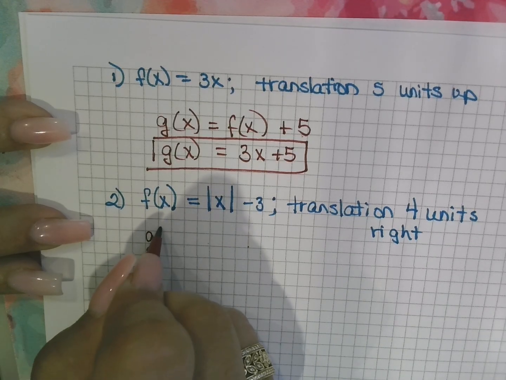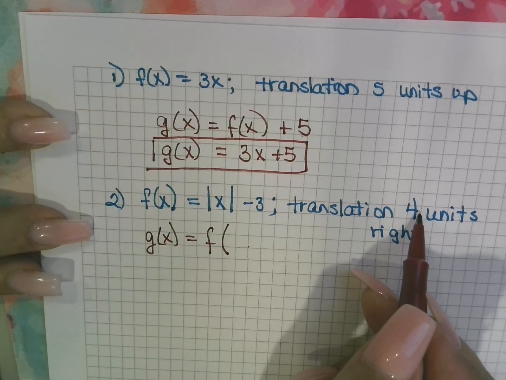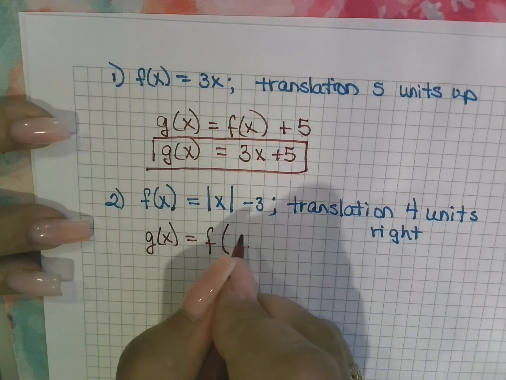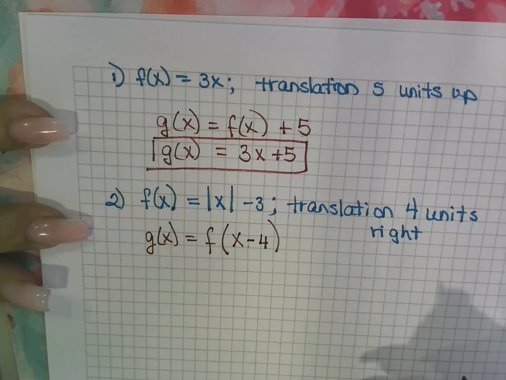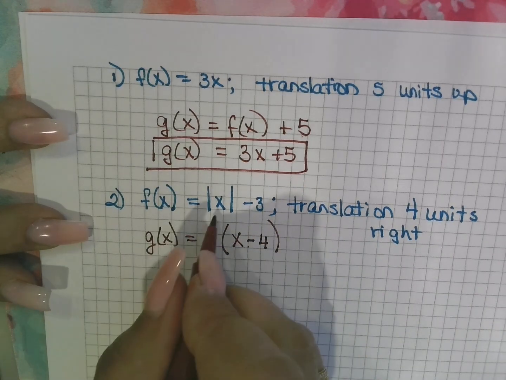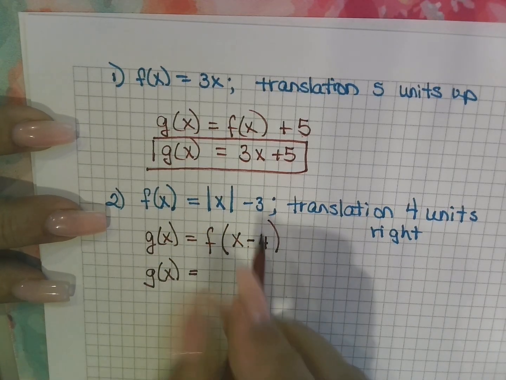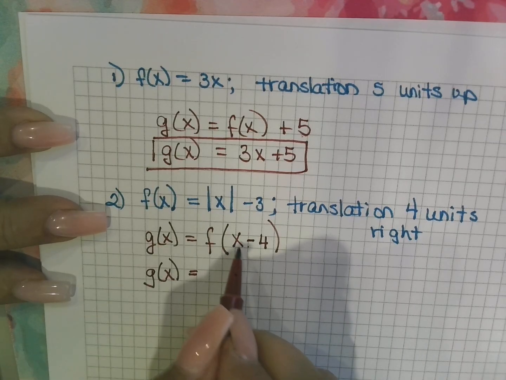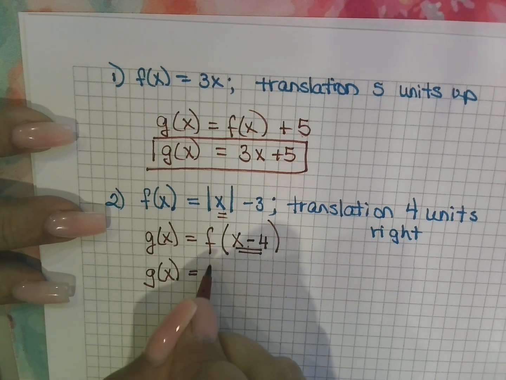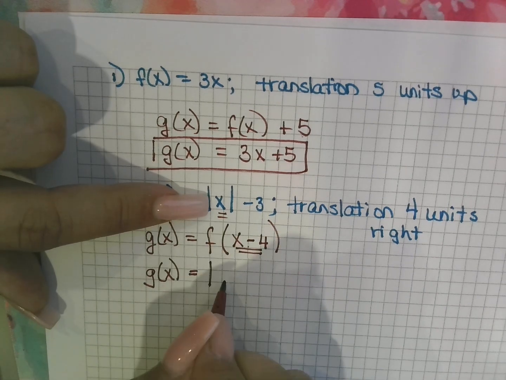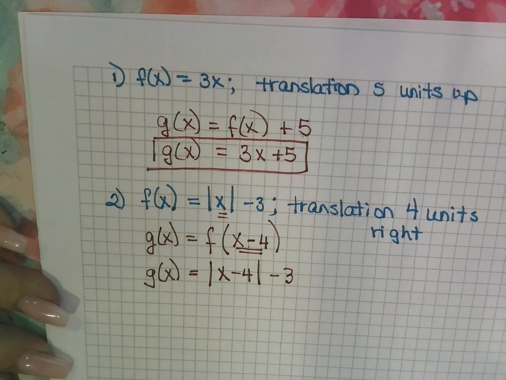So that means g of x equals f of, if it's 4 units to the right, I'm going to actually do x minus 4. Okay? And now what I do is I go back up here and I go to f of x, but wherever there's an x, I'm going to put an x minus 4. So this becomes absolute value. Instead of x, it'll be x minus 4. And don't forget your minus 3.